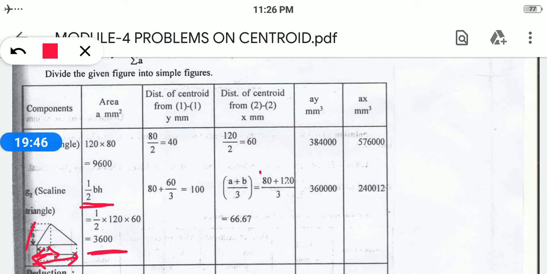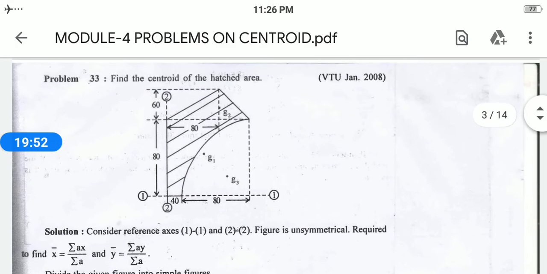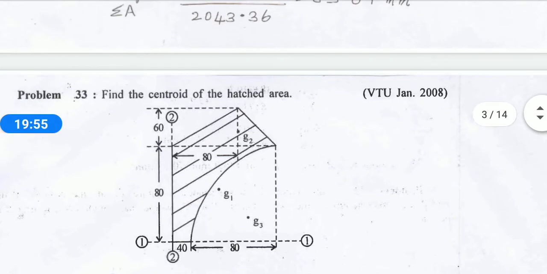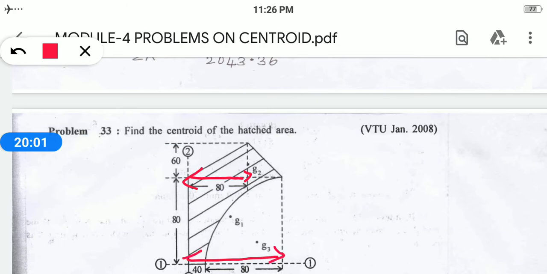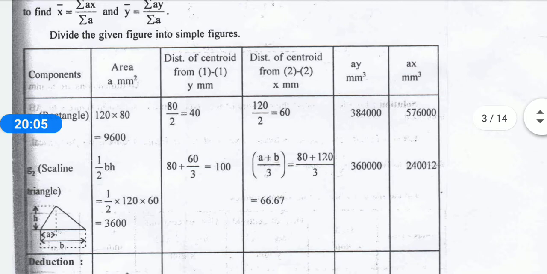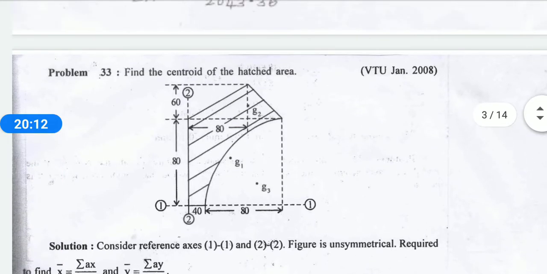So that is 80 plus 120 divided by 3. You can take it from the diagram also. This is your a, that is from the axis, and the whole will be a plus b. So a plus b, that is what they have mentioned here, 80 plus 120 divided by 3. Then for the y, it is equal to h by 3.